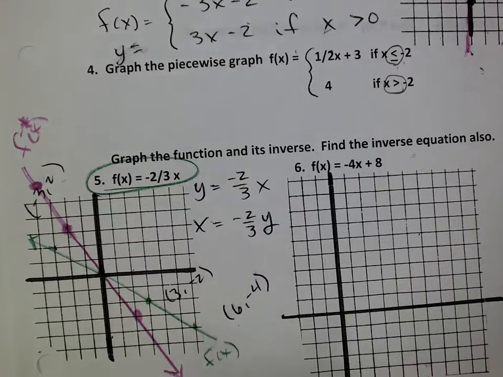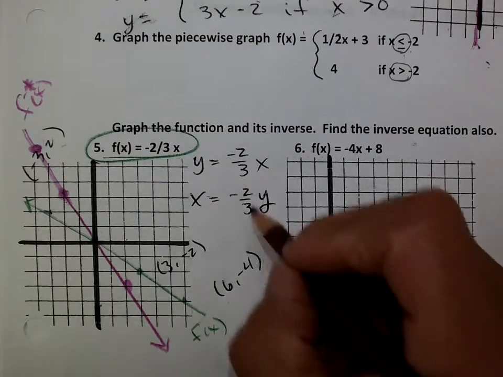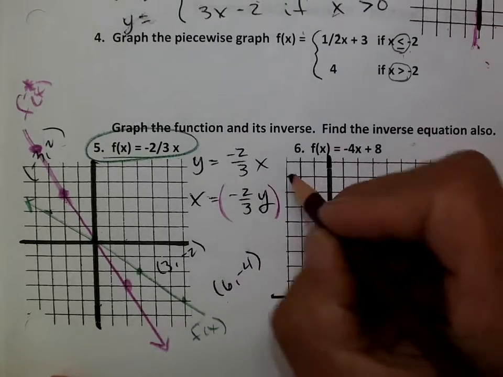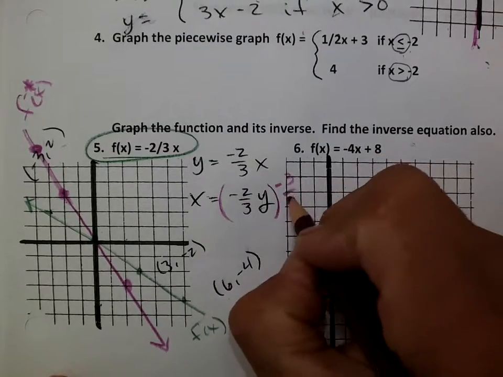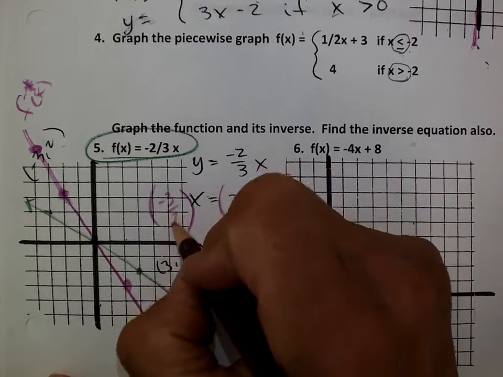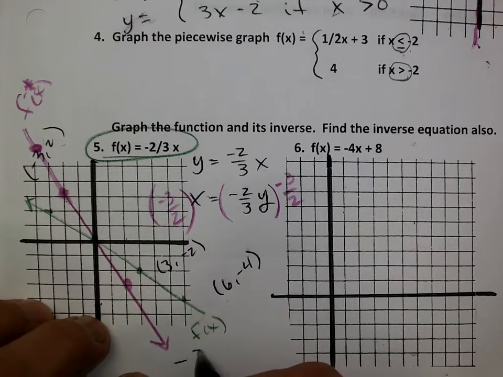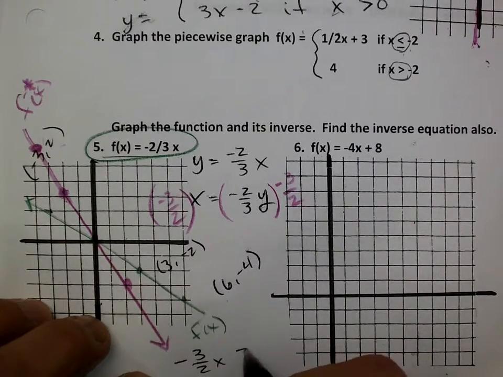Now to solve, I'm simply going to do the opposite. The opposite of negative 2/3 is to multiply by negative 3/2, which cancels. So my inverse is y equals negative 3/2 x.